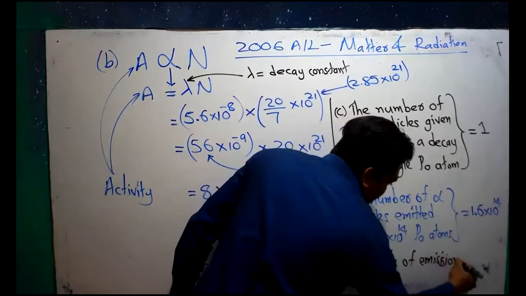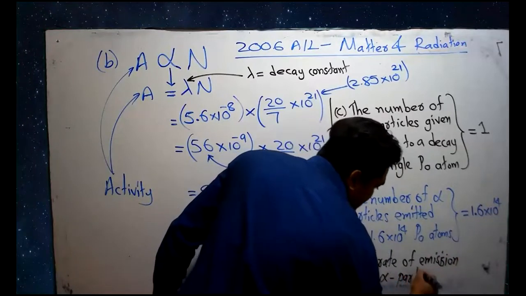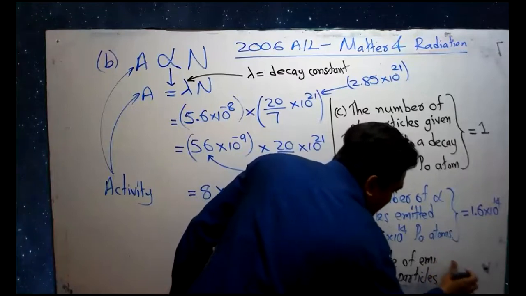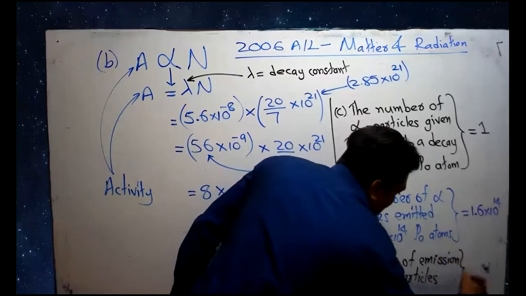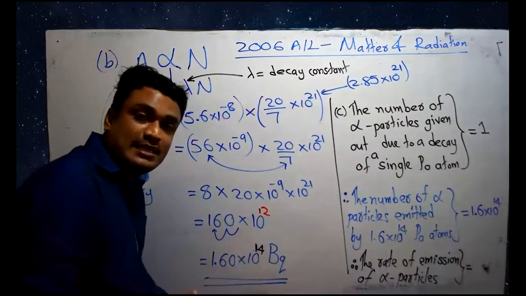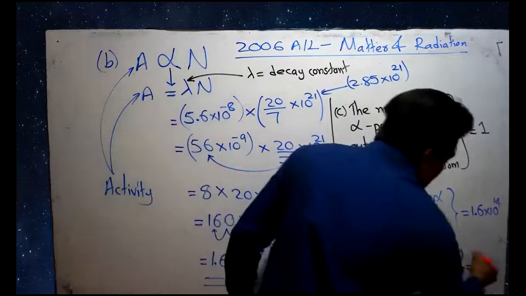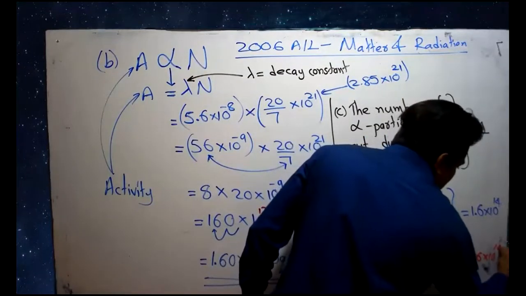Therefore the rate of emission of alpha particles is the same number, 1.6 into 10 to the power 14.